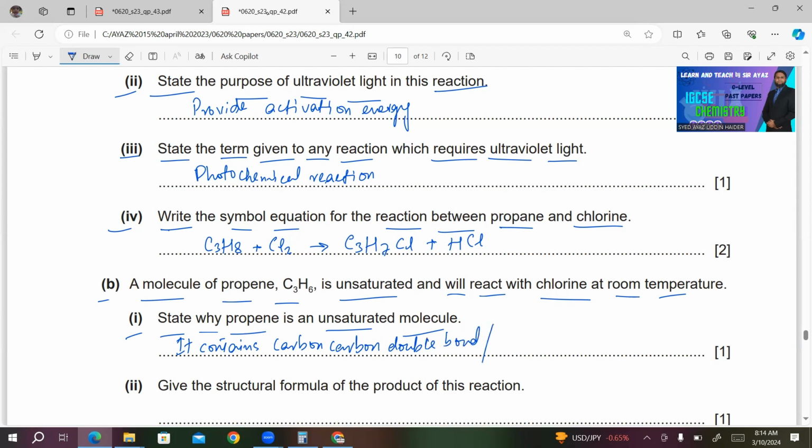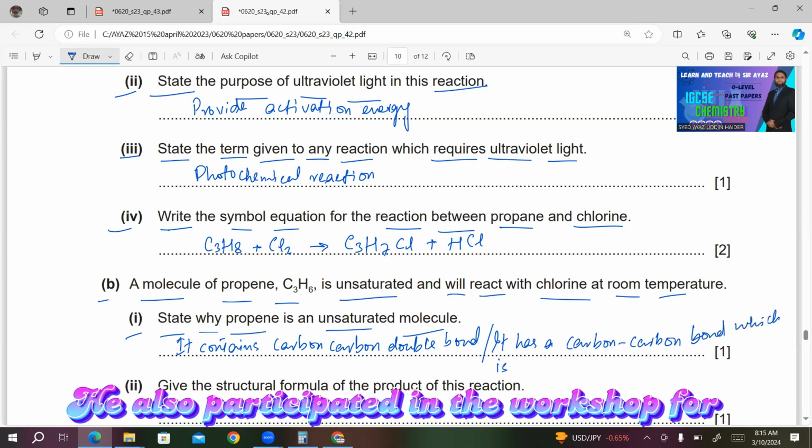Or you can even write it has a carbon-carbon bond which is not a single bond.